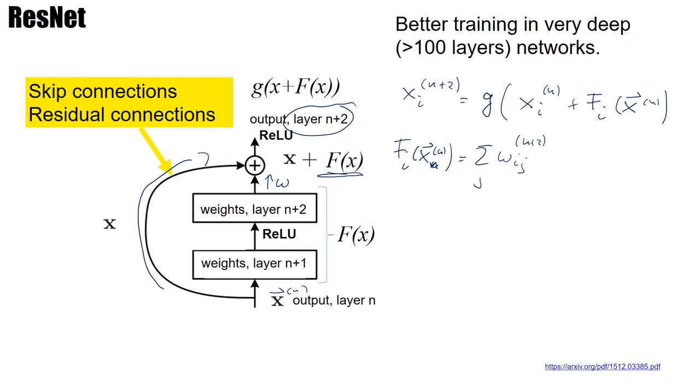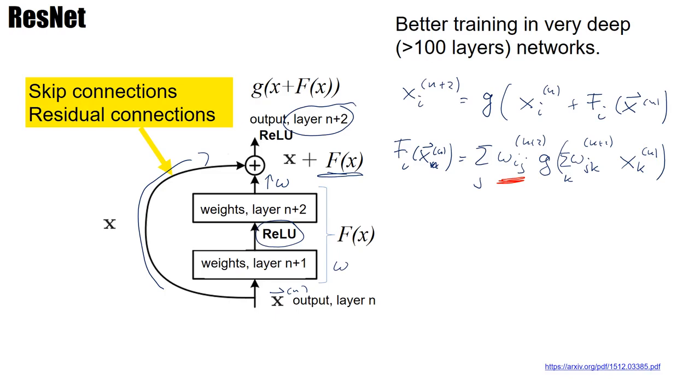Then we get the nonlinearity here, which is g of, and then we get the layer n+1, which is w, sum over k, w_jk, layer n+1, x_k of layer n. And now you see what I already said, that if all these weights are 0, then f does not contribute. And then we just have the shortcut.